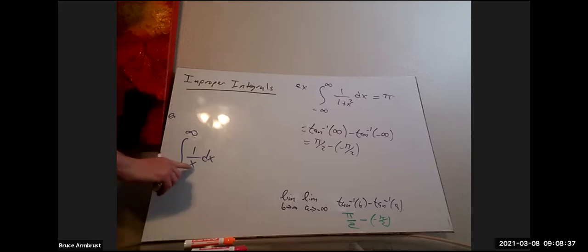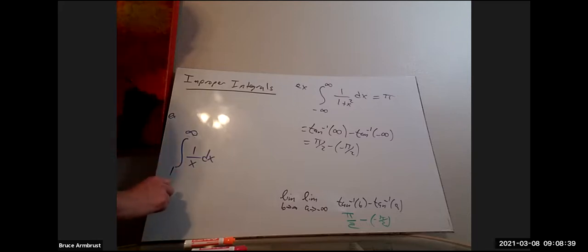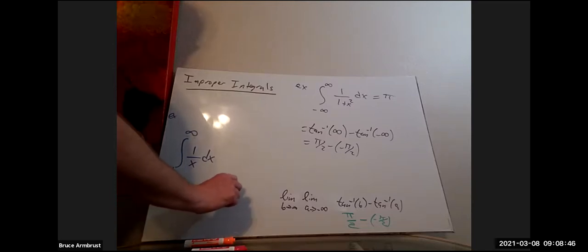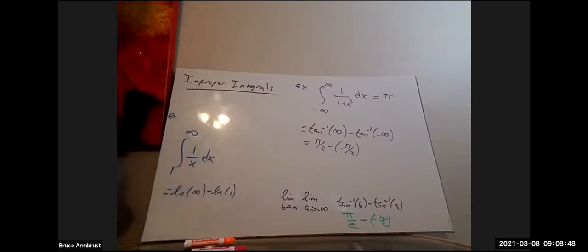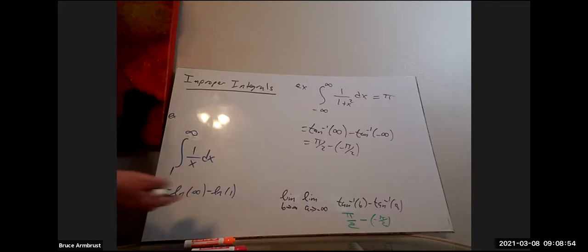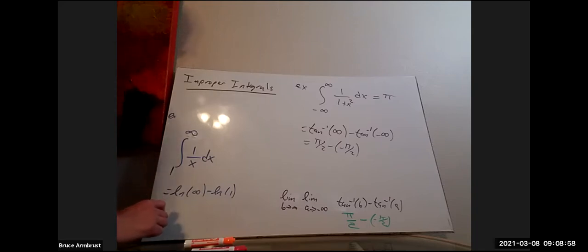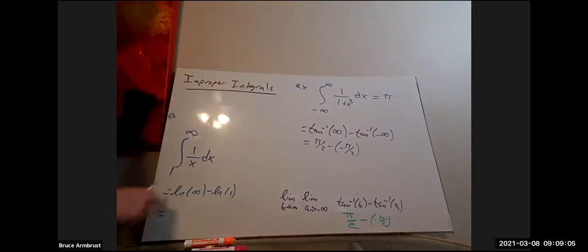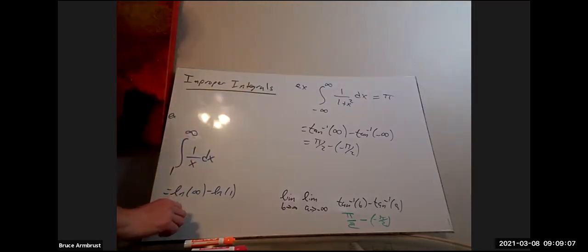All right, so 1 over x, its antiderivative is the natural log. So you take the natural log of infinity minus the natural log of 1. Again, technically, it's the limit as b goes to infinity of the natural log of b minus natural log of 1. Okay, but now here's what I know about natural log. Natural log keeps growing forever, which means the natural log of infinity is infinity.